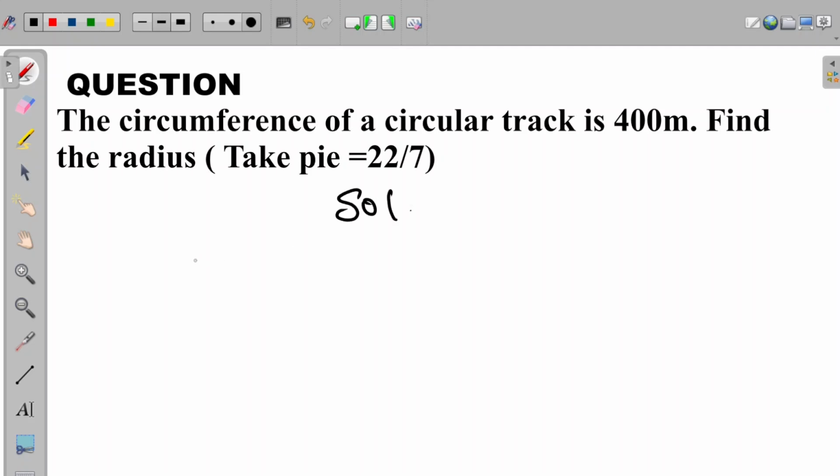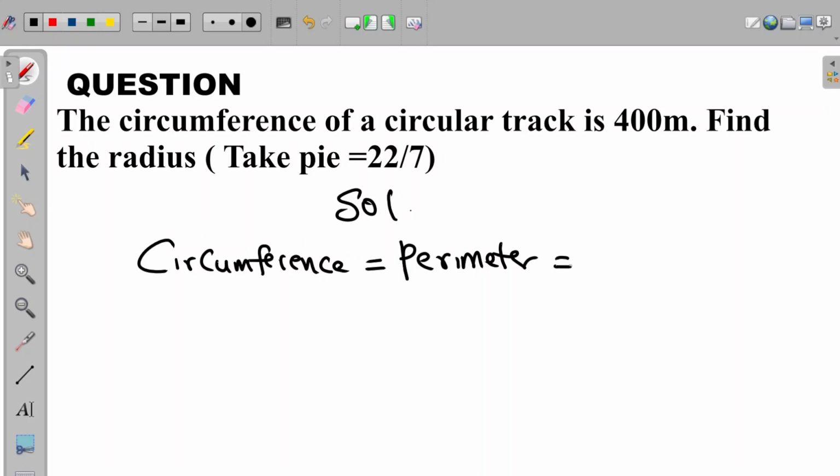So we are given that the circumference, which is also known as the perimeter of the circle, is equal to 400 meters. And we are asked to find the radius.